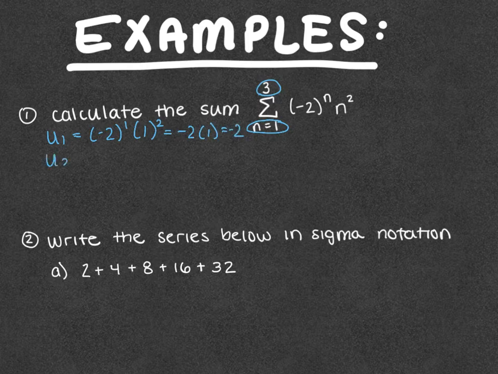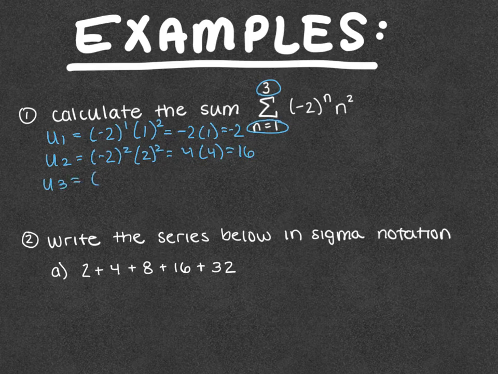My second term, negative 2 squared times 2 squared, which would be 4 times 4, or 16. And then my third term, negative 2 cubed times 3 squared. So this would turn into negative 8 times 9, or negative 72.